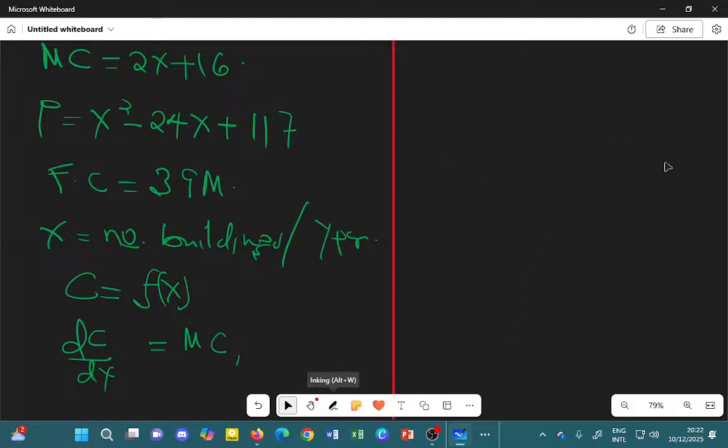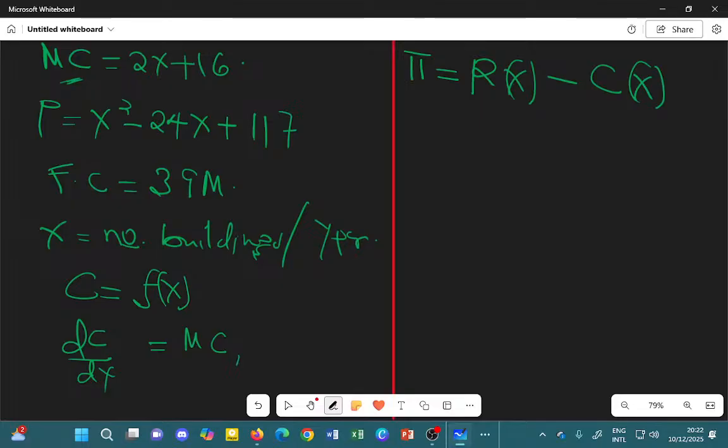So what I'm saying is that the profit function will be given by the revenue at the output X minus cost at the output X. The reason we are doing this is that if we have the cost function and the revenue function, then we are able to define the profit function. But realize that here we are given the marginal cost.